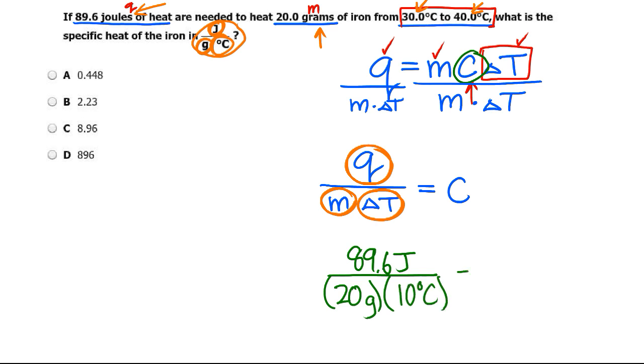And when you do those, I think I memorized the specific heat capacity of iron just from use, but I'm going to work it out on my calculator. 89.6 divided by the quantity 20 times 10. Make sure that you're using parentheses. When I did this in my calculator, I did 89.6 divided by parentheses 20 times 10. And I got 0.448.